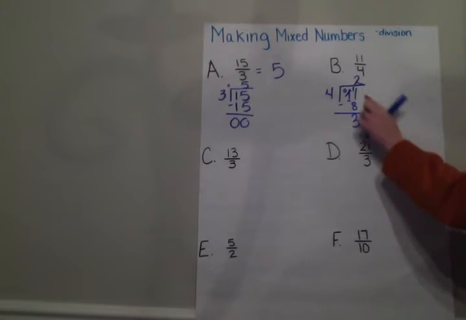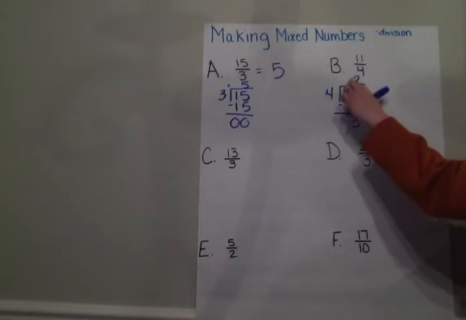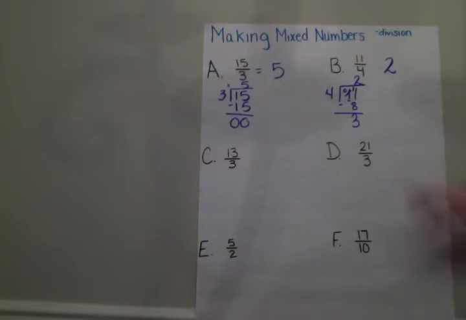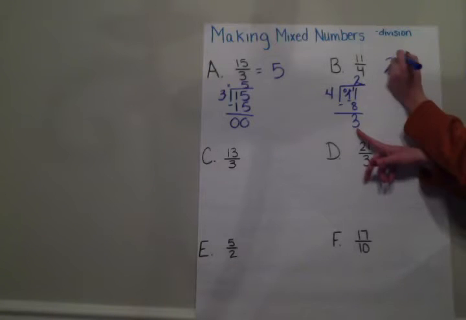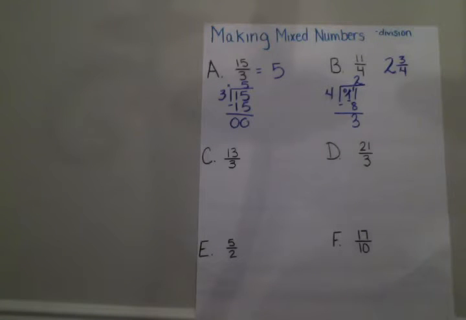I don't have anything over here to bring down, so this becomes my remainder. So I know that I have 2 wholes with 3 pieces left over, and my denominator is not going to change. This is the tricky way to do it. You just have to make sure you know where to put all your parts.